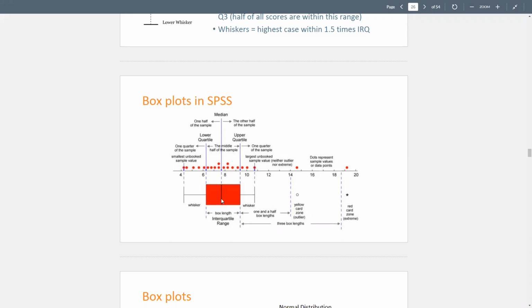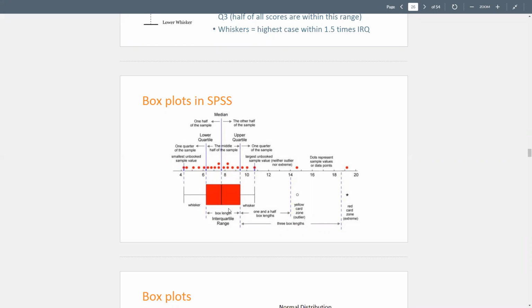Half of the sample will be above this black line, and the other half of the sample will be below this black line. Within this red area is the interquartile range. This would be the lower quartile, the 25th percentile. This would be the upper quartile, the 75th percentile.